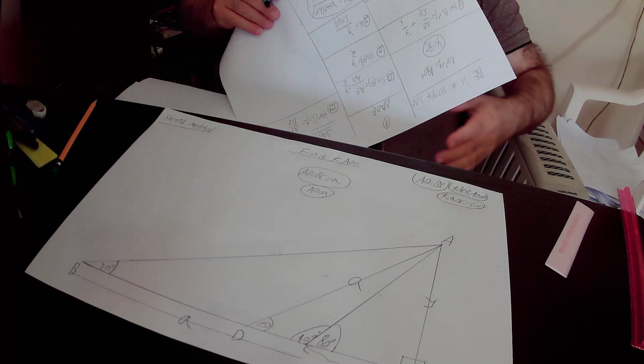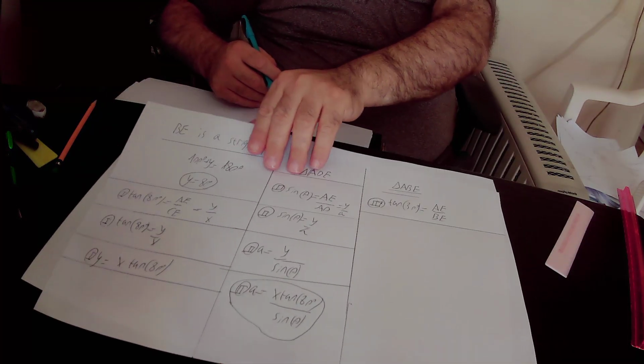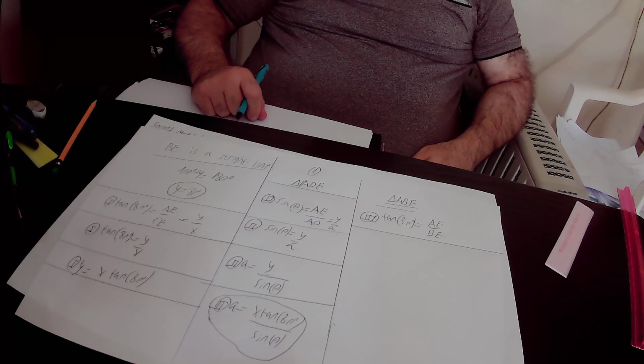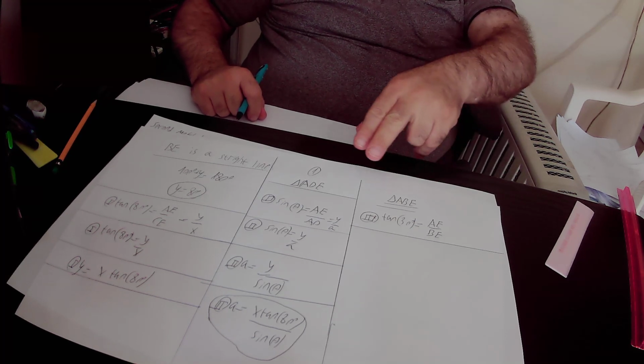I will repeat again. In the right triangle, triangle ABE, tangent 30 degrees equals AE over BE.